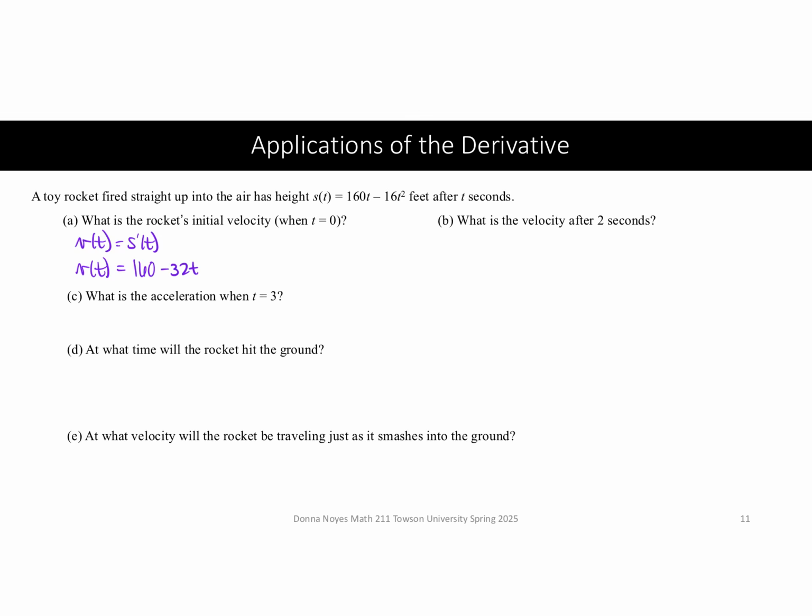That's our velocity function. Now what is our initial velocity? Well, now we want to find v of 0, which will be 160 minus 32 times 0, or 160 feet per second.